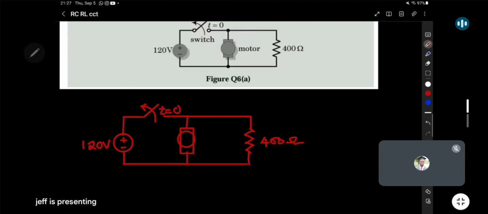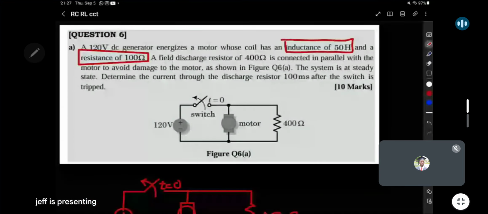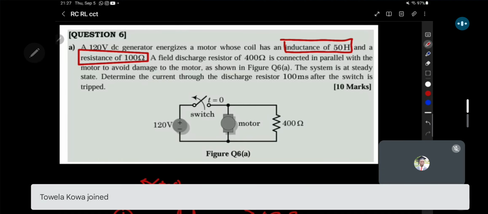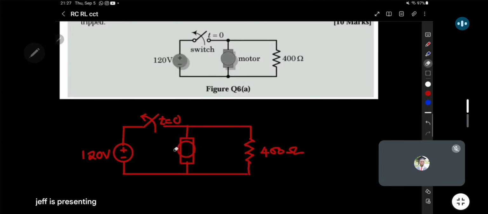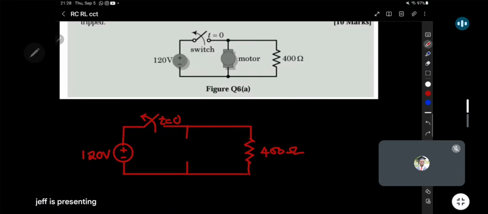Since they're saying that the motor is basically about its coil, it has an inductance of 50 henries and a resistance of 100 ohms. It follows that in place of our motor here, we can replace this with an inductor. So I can put an inductor here connected in series with a resistor.